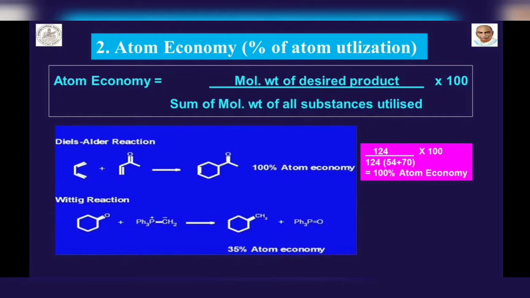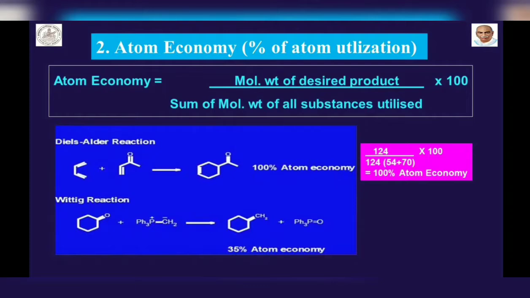For the calculation of atom economy, you should calculate the molecular weight of each molecule in the reaction. First, diene: the molecular weight of diene is 54. Molecular weight of dienophile is 70.